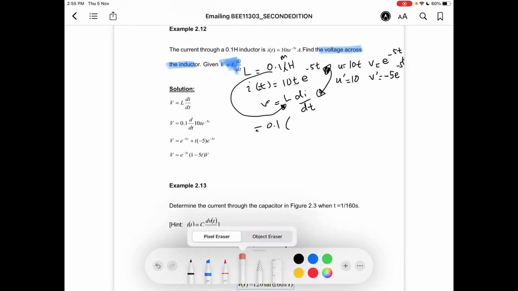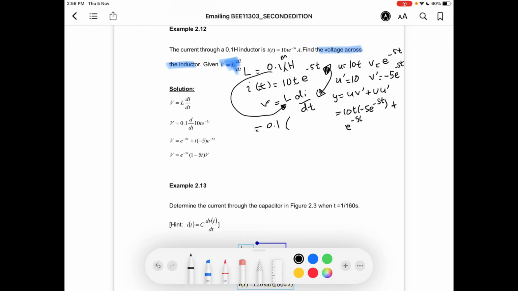Let me erase that so that we can make it smaller. So when you want to find it, apply the product rule: u v prime plus v u prime. So u is 10t, v prime is negative 5e to the negative 5t, plus v u prime, e to the negative 5t times u prime, which is 10.